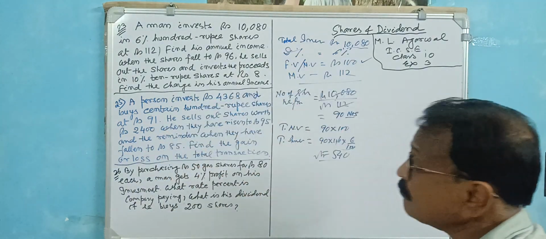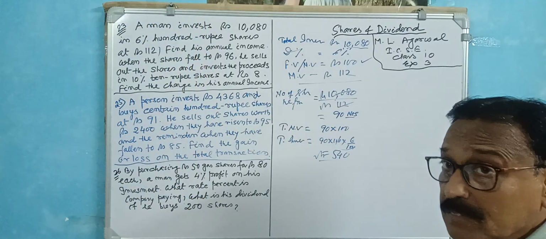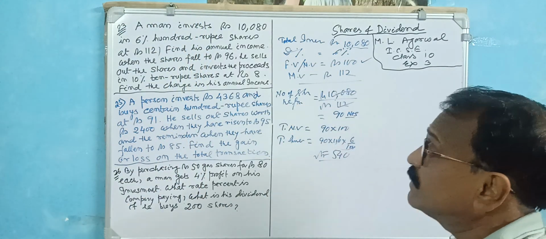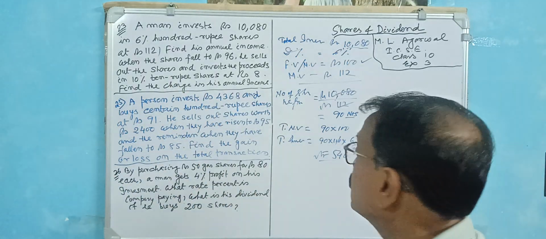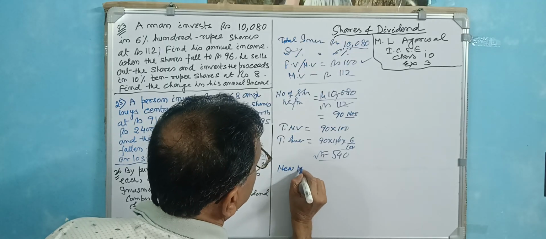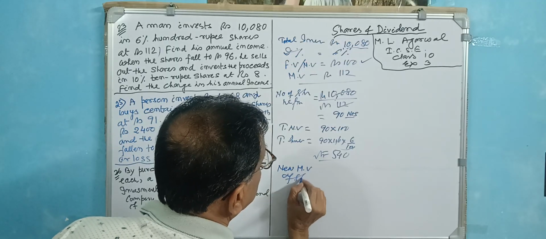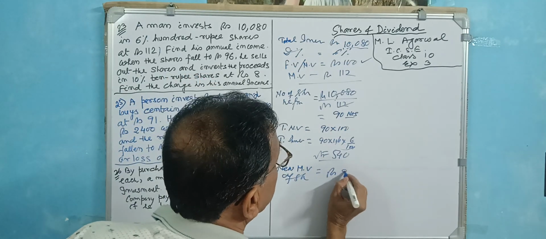Now, when the share falls to this, he sells out all the shares, meaning he has sold all the shares. Now the new market value of shares, when the share falls, is rupees 96.